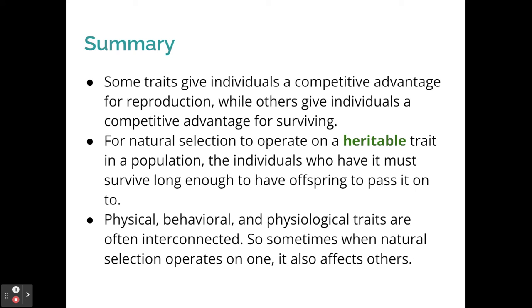And as their behavior led them to do certain things, it meant that certain physical traits were now an advantage. So one connects to the other, and natural selection that affects one aspect can also affect the others as well. Kind of a domino effect.